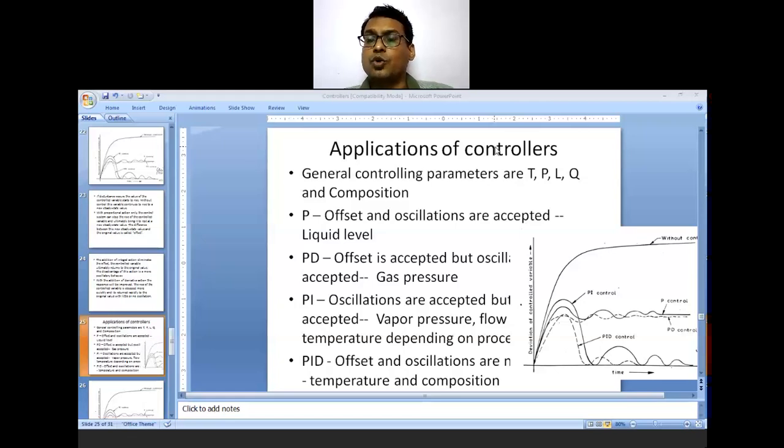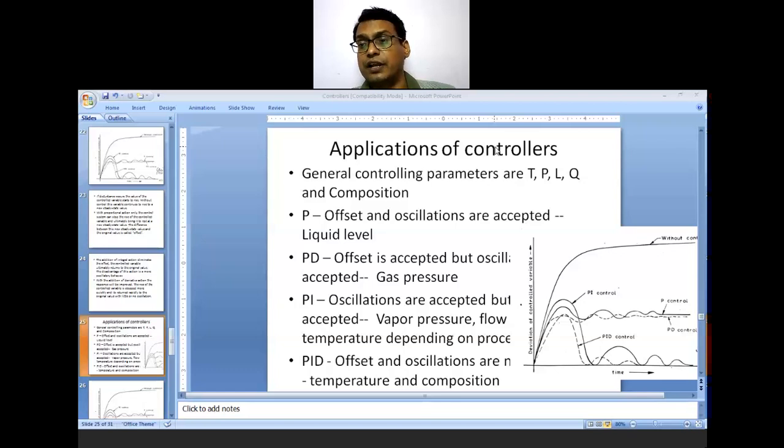And to control these five parameters, depending on the process criticality, I have to decide the type of controller. That is what the selection of a controller is to be decided based on its performance. How this controller behaves.